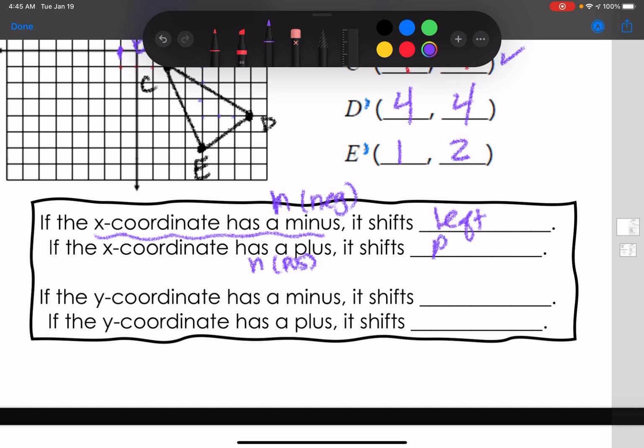It's going to go up and down on my y-axis when I'm working with a negative k and then a positive k right here.